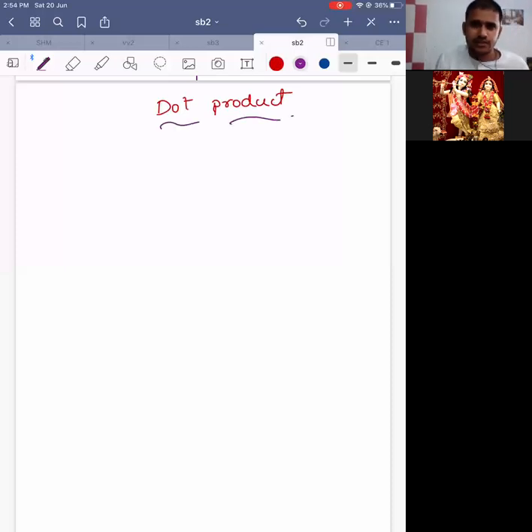So, the dot product of vectors. Say vectors a and b, the representation is a bar dot b bar, which is equal to mod of a, mod of b, cos theta.